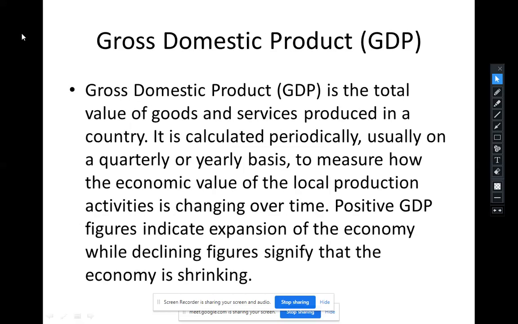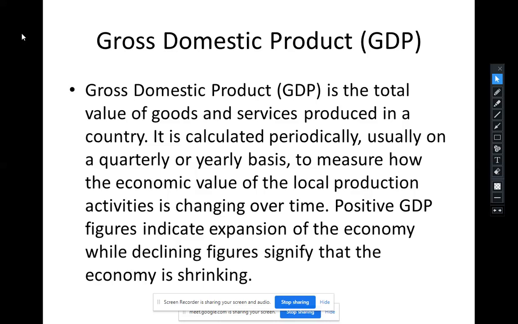Okay, so the next one which I want to explain is the gross domestic product. What do you mean by gross domestic product? Gross domestic product is the total value of goods and services produced in a country.